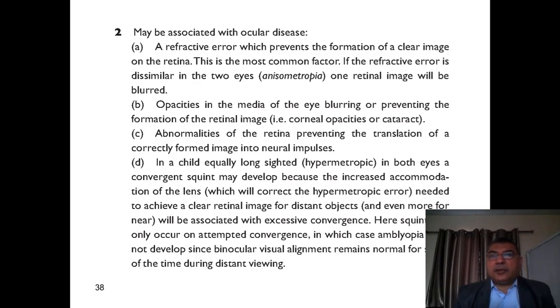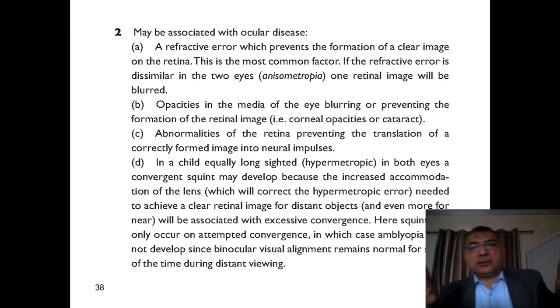Most of these causes result in interruption of the sensory component, as we said, of the ocular motility control, because as we said, the nerve component and the central nervous system, the neural or motor component of the ocular motility, is intact.